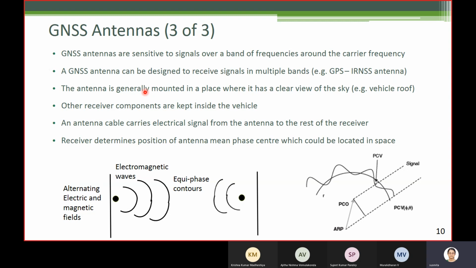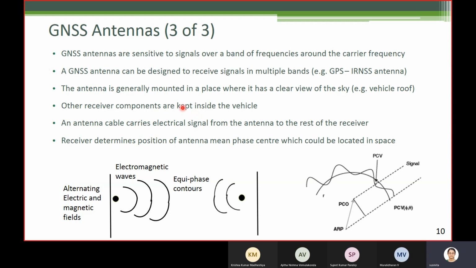Now, where the antenna is mounted, especially if it is a maneuvering vehicle, is important. It should be mounted in a place where it can see the sky clearly. So a suitable place would be the vehicle roof. In case of an aircraft, the GNSS antenna is mounted on the top of the fuselage. So the antenna has to be mounted outside on the roof. But other receiver components cannot be kept outside.